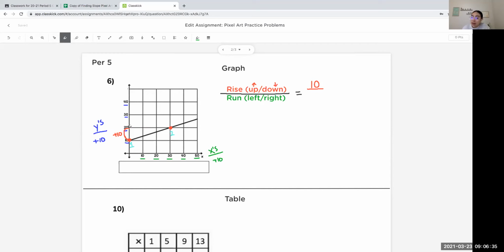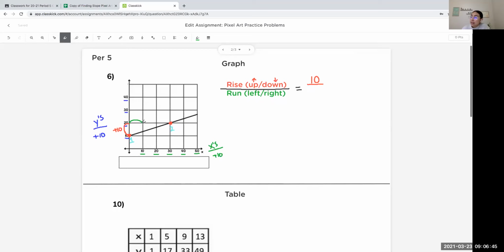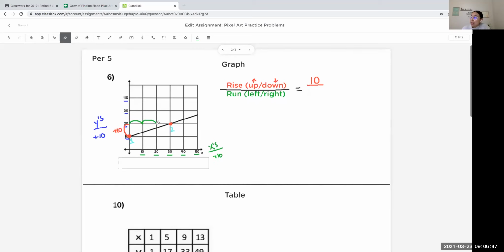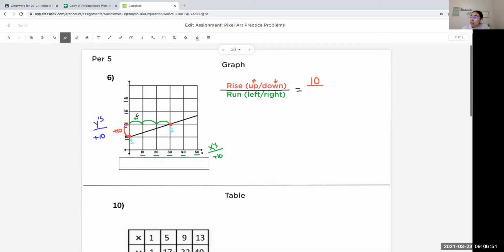So if I go back to my graph here, from here, I just said I'm going right and I need to skip count. 10, 20, 30. Remember, each jump was worth 10. So that was 10, 20, 30.